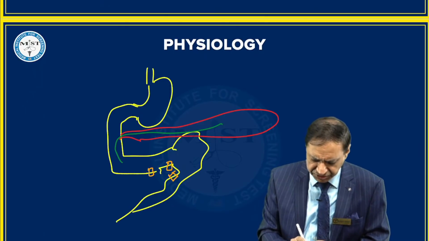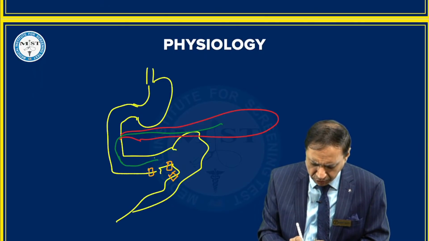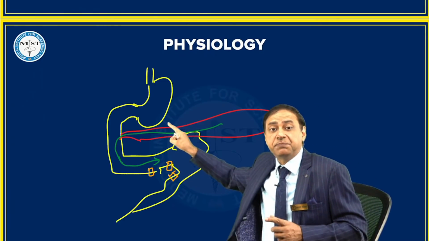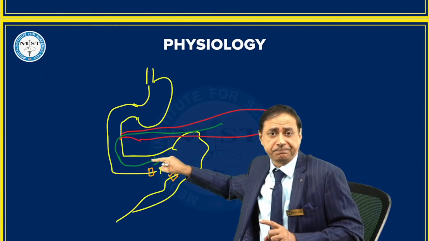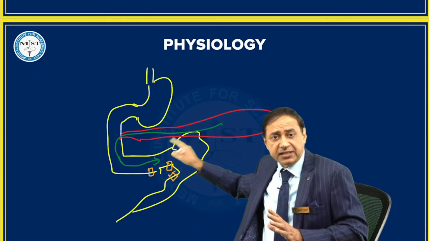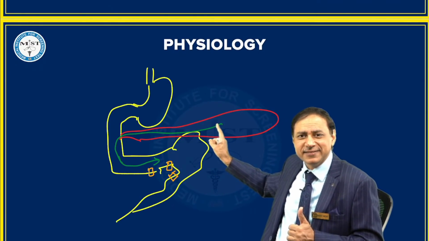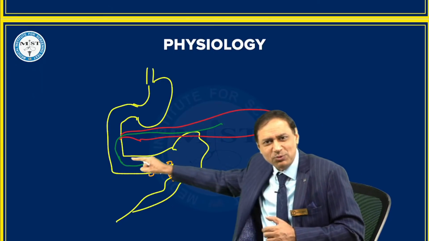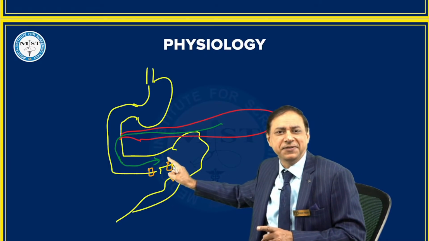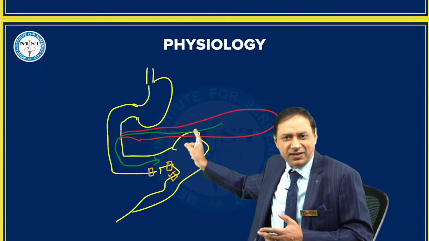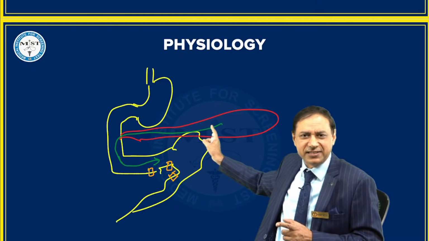This fixed enzyme will convert trypsinogen into trypsin. And that is why trypsinogen is never activated inside the pancreas. First it comes out and then it is activated. So this is a safeguard.